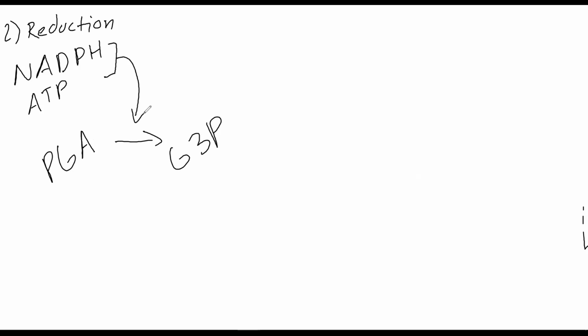NADPH is going to lose its H, and it's going to turn into NADP plus. And ATP is going to be spit out as, well, what do you normally get when you use ATP? You get ADP. Ta-da!